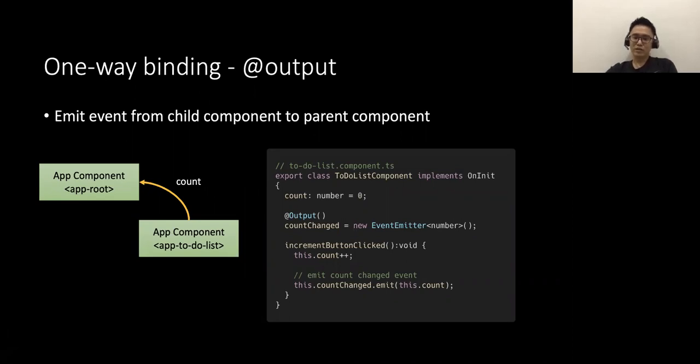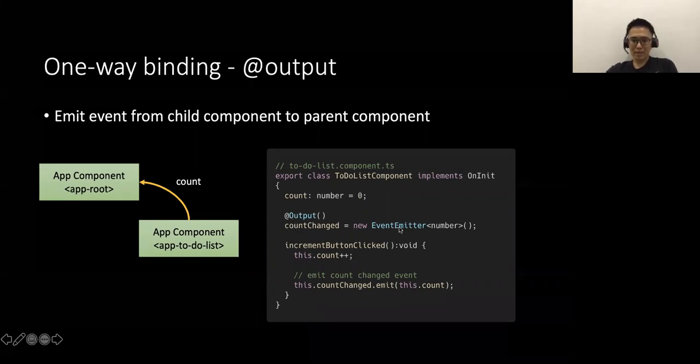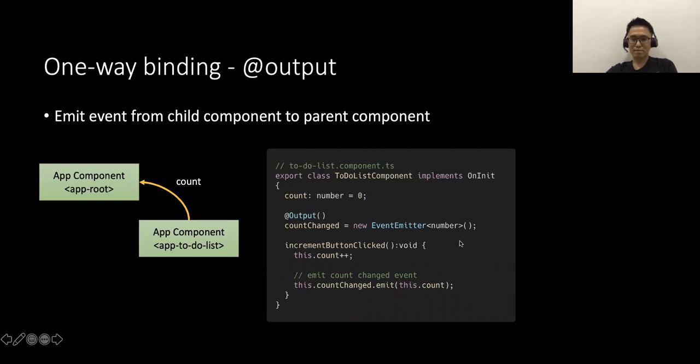Whenever we trigger an event, we want to emit a number. This is how it works. Then we declare this event property.